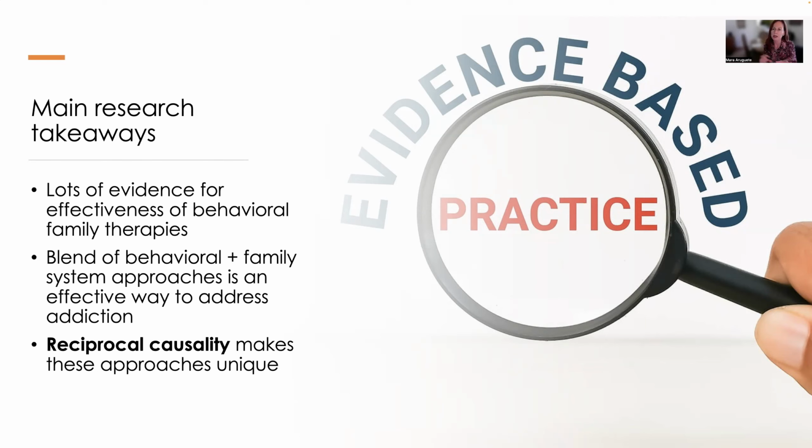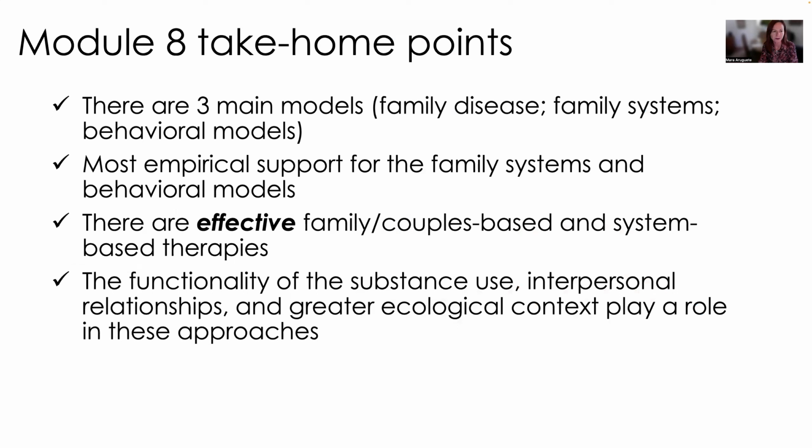Reciprocal causality makes these approaches unique. Reciprocal causality is this idea that every family member affects every other family member. So if you are using drugs in your family, you are affecting all of your family members, but they are also affecting you. And they may, in fact, be supporting your use in some way or another.